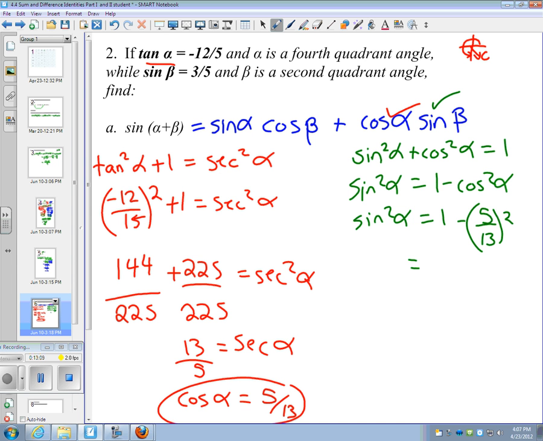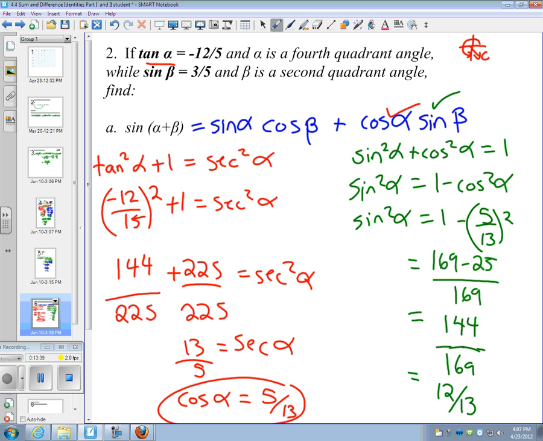This is equal to 169 minus 25 over 169. That is equal to 144 over 169. Square rooting both sides, I should get 12/13.